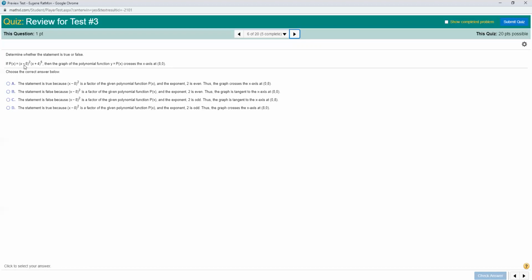And we know that when you're attacking the x's inside the parentheses, you actually do move opposite of what that sign is. So since they're subtracting 8, it's really going to move my graph to the right 8 units, which would indeed cross at 8, 0. So that's going to be true.